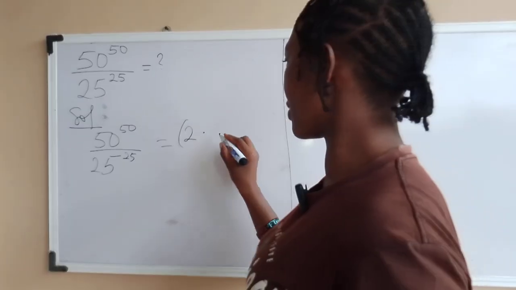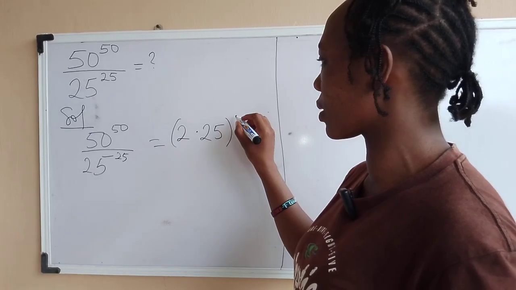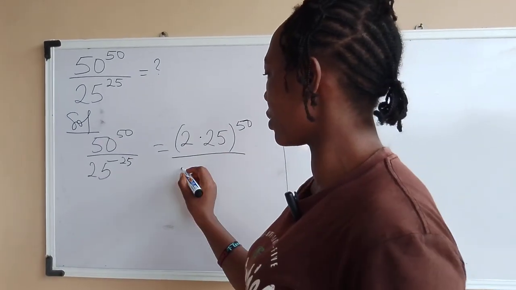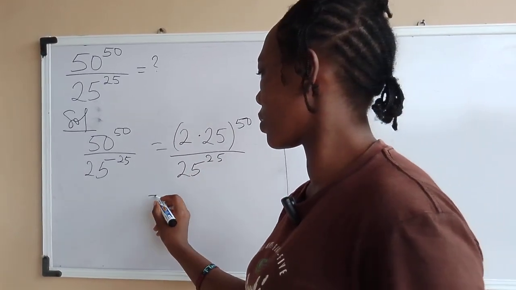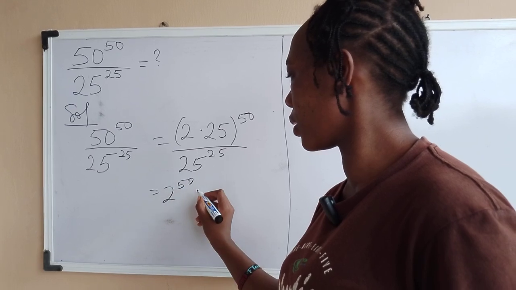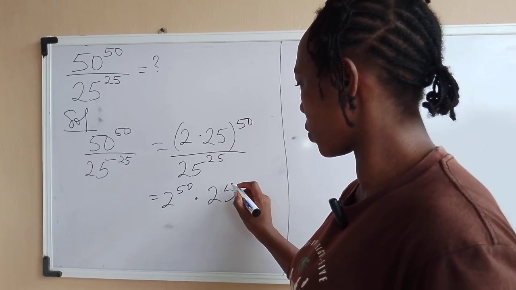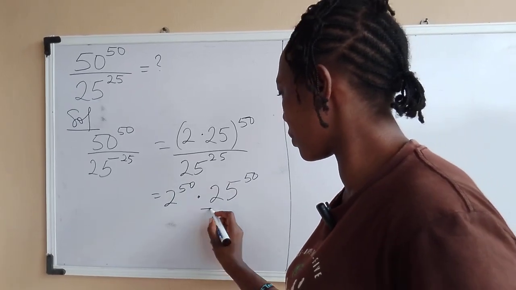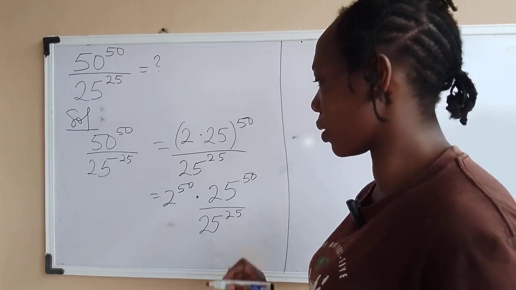So we're going to say 2 times 25, because when we multiply, it's going to give us 50. So all over 25 to the power of 25. So this means 2 to the 50 dot 25 to the 50. So we have this over 25 to the power of 25.